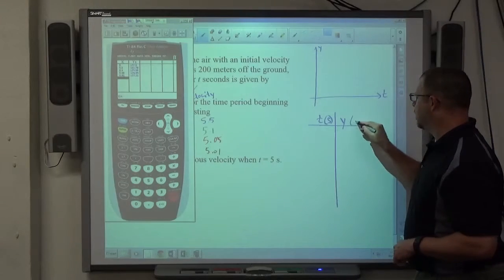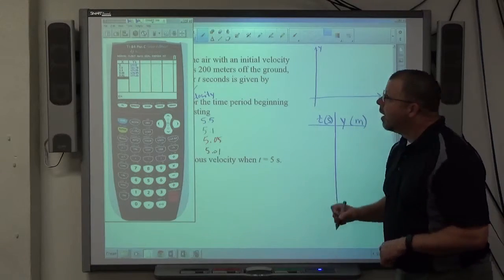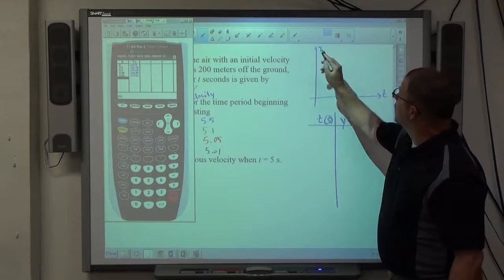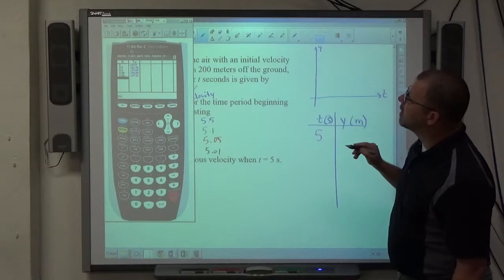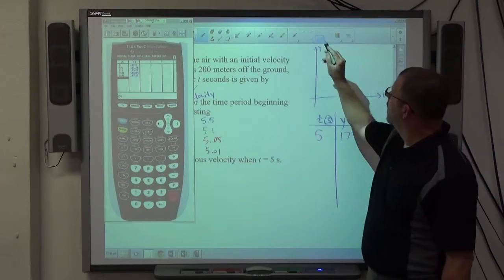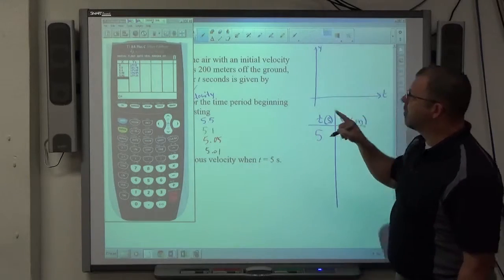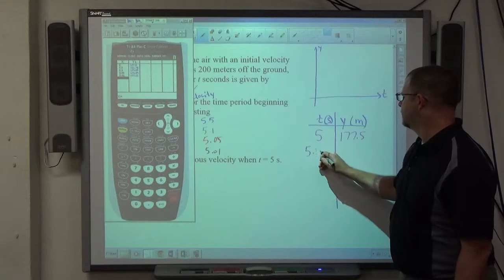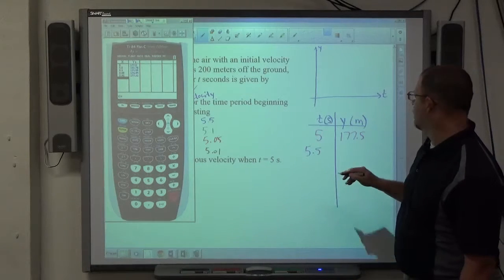And height in meters. When time is 5 seconds, its height is 177.5 meters. When time is 5.5 seconds, it's 161.78 meters.